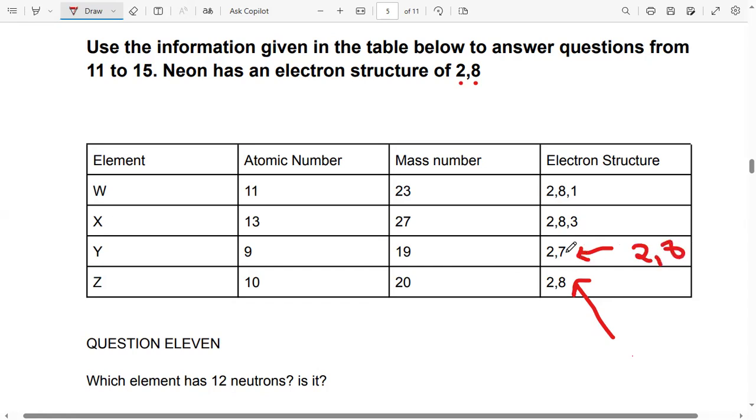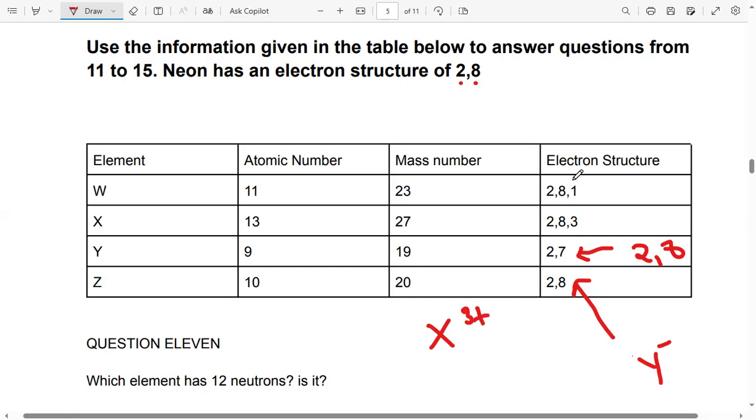So it will gain an electron, so it will become Y minus, because it has gained an electron. And then this one here loses 3 of these electrons to attain this stability, so it will become X 3 plus when it becomes an ion.